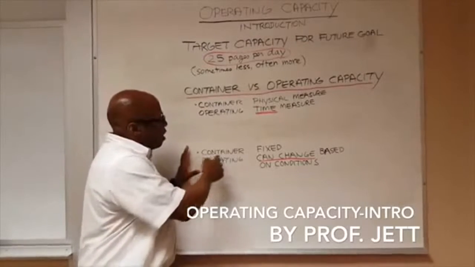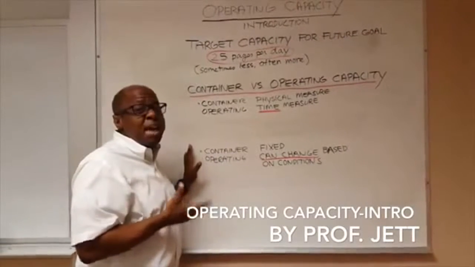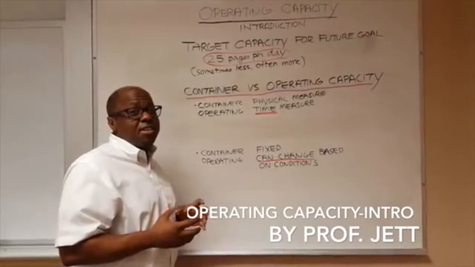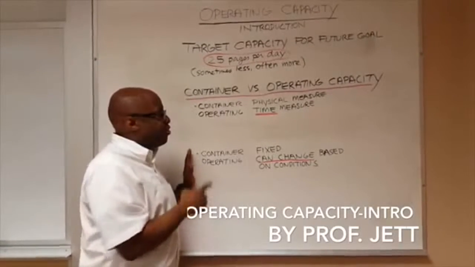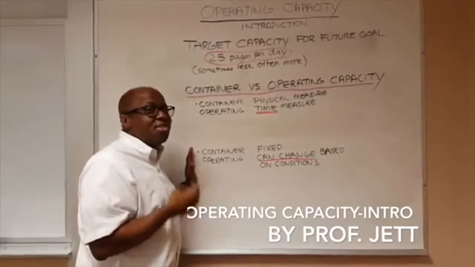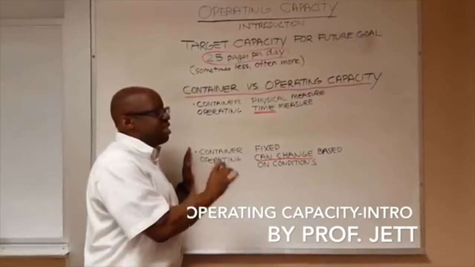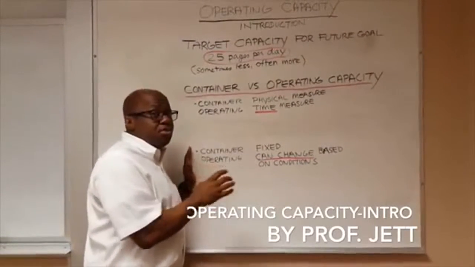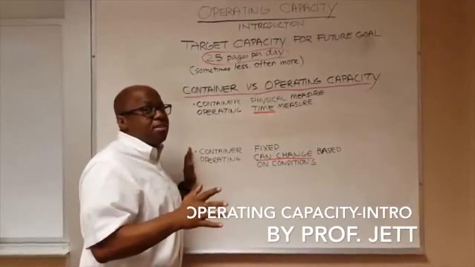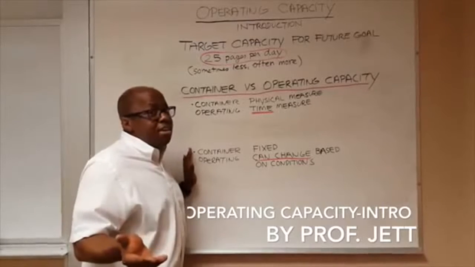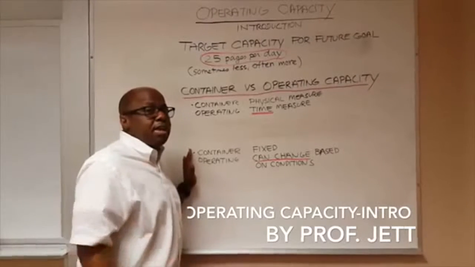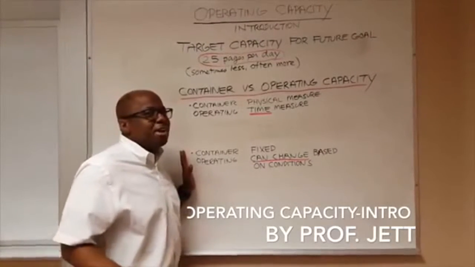Also, the maximum a container can hold is usually fixed. A gallon holds what it holds. Operating capacity can change based on conditions. So even very subtle changes in the conditions can greatly reduce or expand the amount of output that you could have in a day or in an hour or any unit of time. So that's operating capacity.